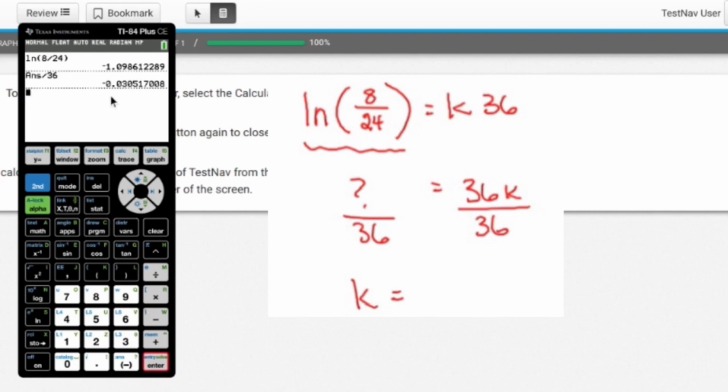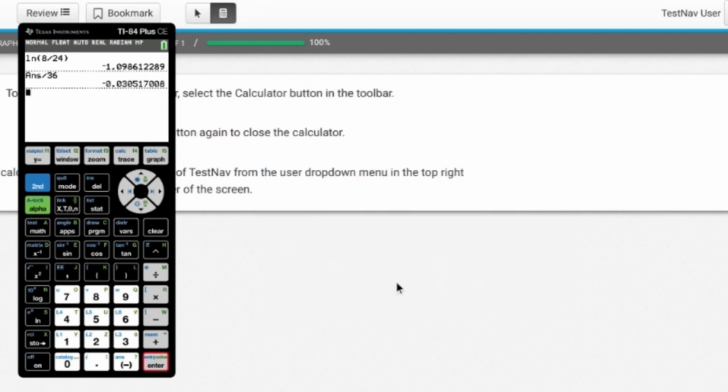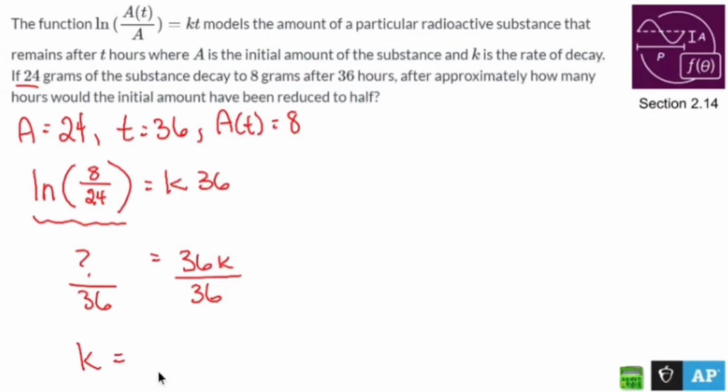So we'll actually use all of those numbers until we hit that double zero, just to keep things as accurate as humanly possible. So after doing that, we got a pretty gross number, negative 0.030517. Then it was like 008, but I'm going to stop right there.